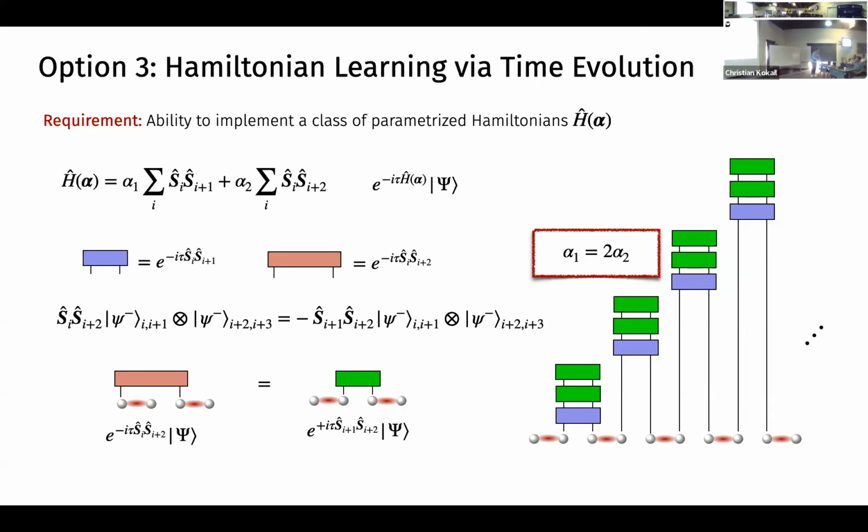You can also do this from Gibbs states. If you have a state rho that is e to the minus beta H, you can also learn using this method here, because the same thing applies. If this Hamiltonian here commutes with rho, then none of the observables will change in time.